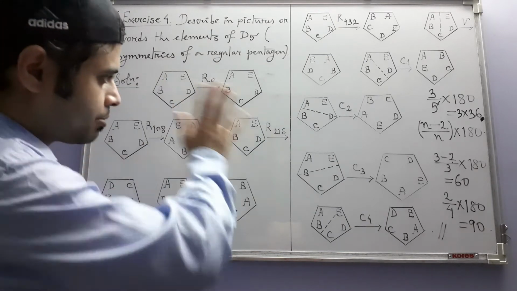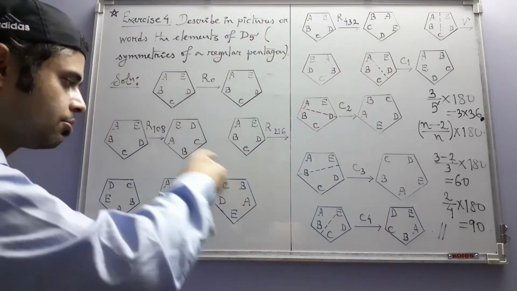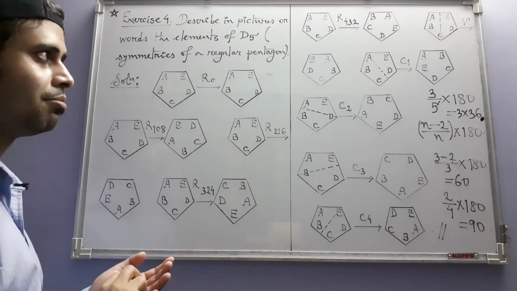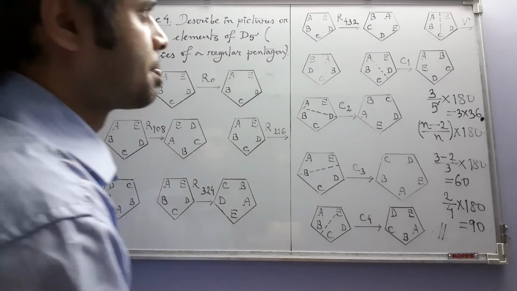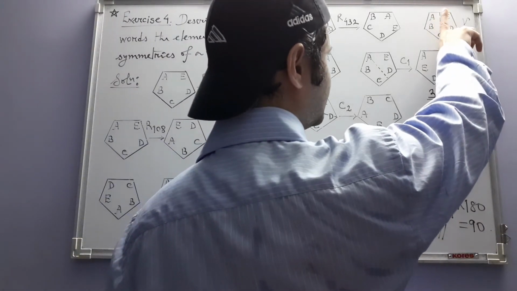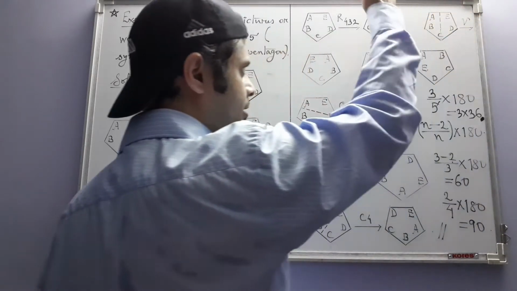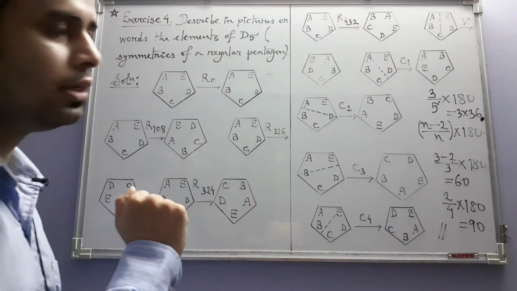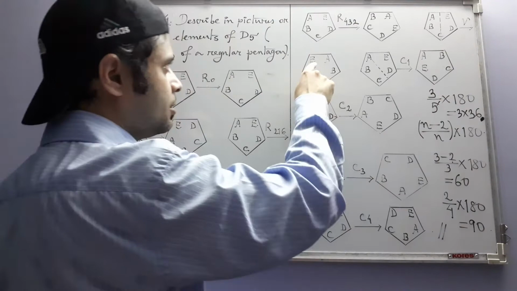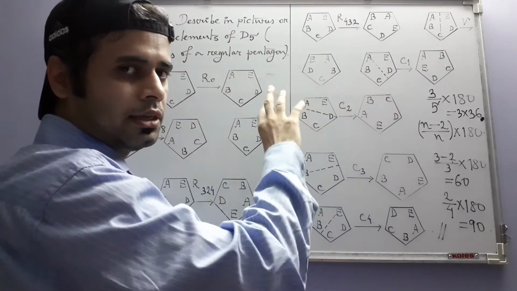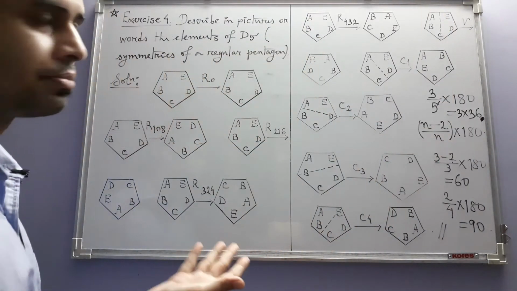Once these rotations are over, the next thing is we change the orientation of this cyclic arrangement by flipping the pentagon about this axis, which is the perpendicular bisector of the side AE, and it passes through the vertex C. Since the pentagon is regular, if you flip it like this, C will not change because it lies on the axis of reflection.